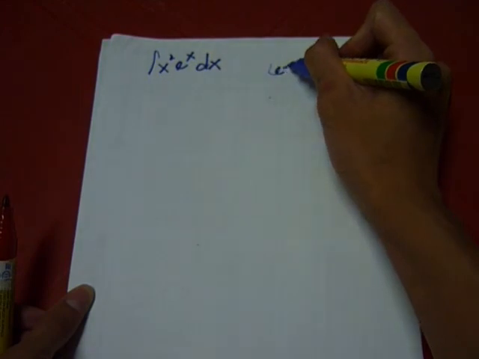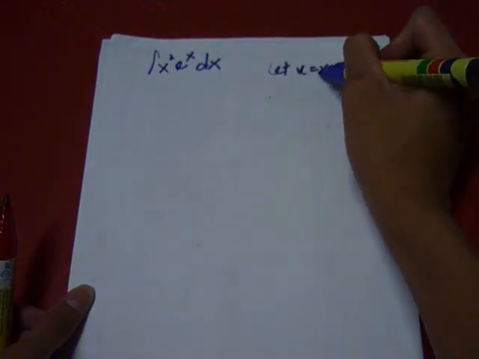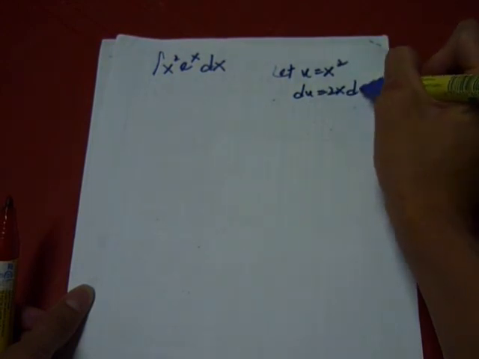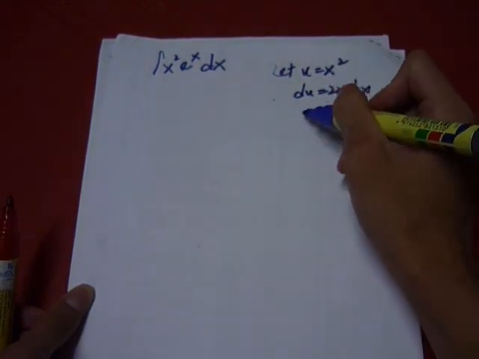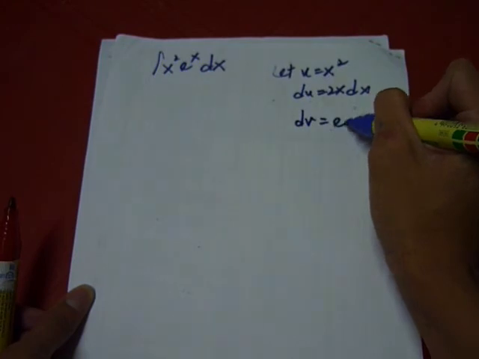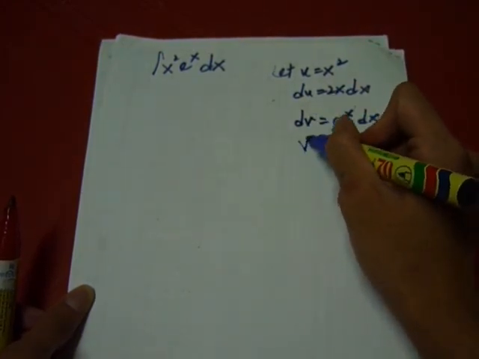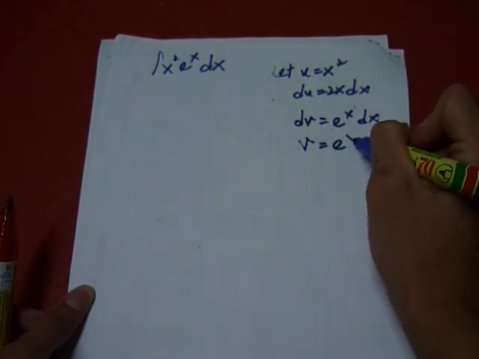First, we let u equals x squared, du equals 2x dx, and we let dv equals e^x dx. Integrating dv, we get v equals e^x.